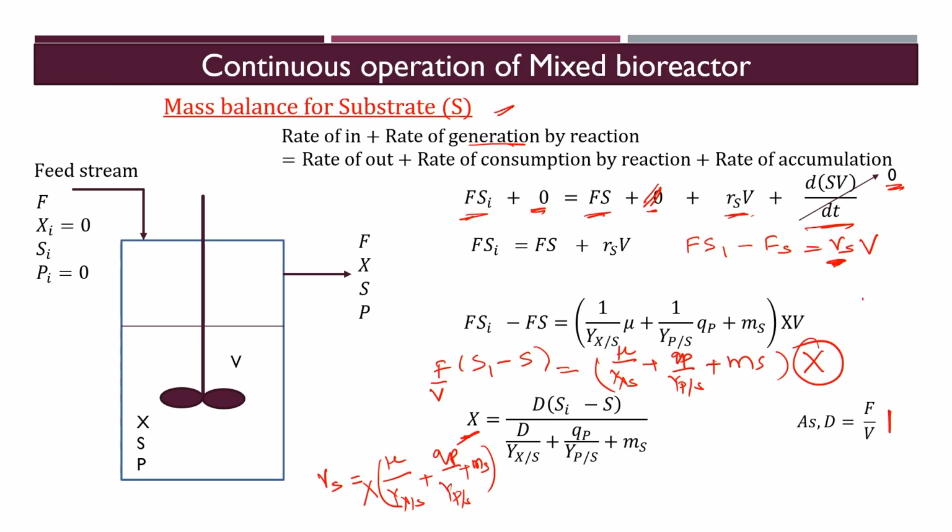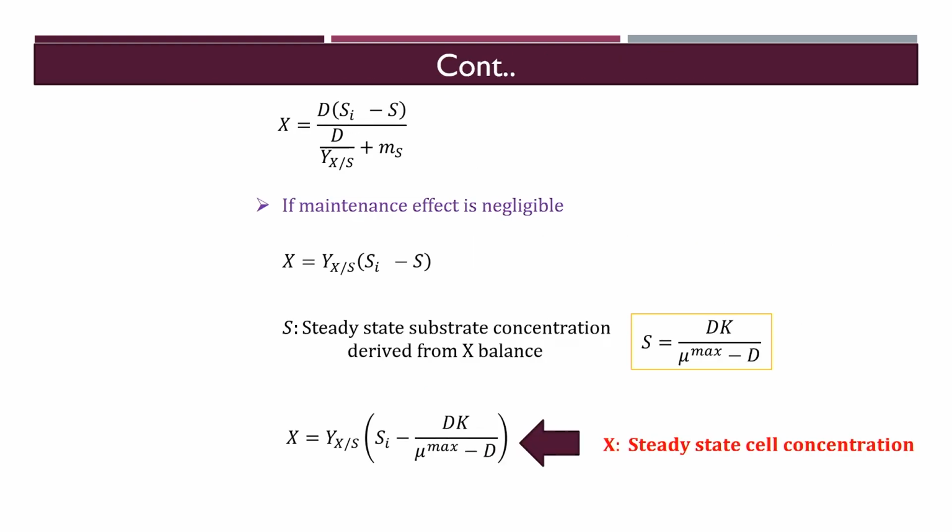Here we can assume this, we can neglect these two terms, the product term as well as the maintenance term. So, we will get x as D Si minus S divided by D into 1 upon Yx upon S plus ms. ms can also be neglected.